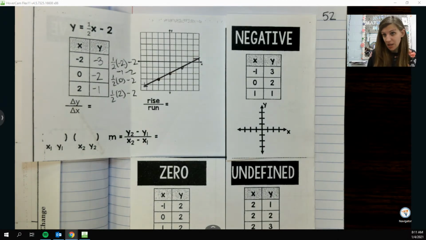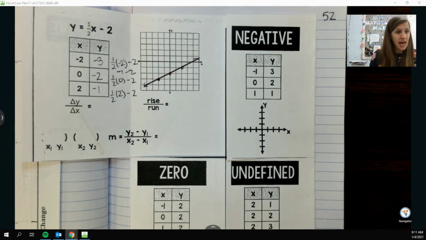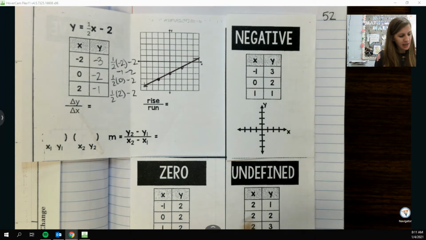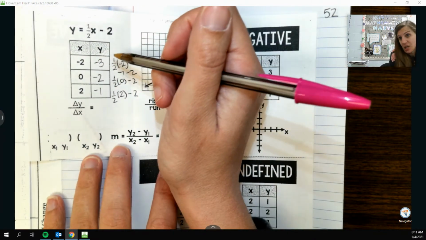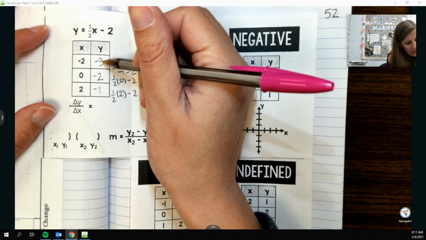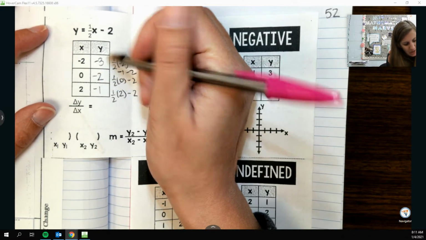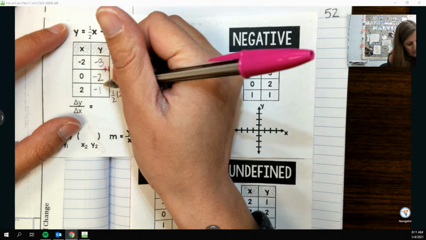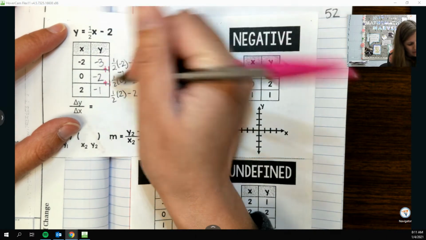When we're talking about slope, there's a bunch of different ways we can do that. One way is we can look at how y is changing versus how x is changing. So this is what we were doing with our patterns before break. So when I go from -3 to -2, I go up 1. When I go from -2 to -1, I go up 1.